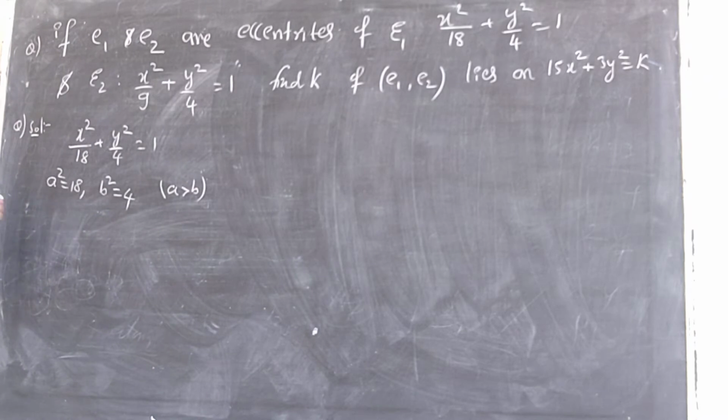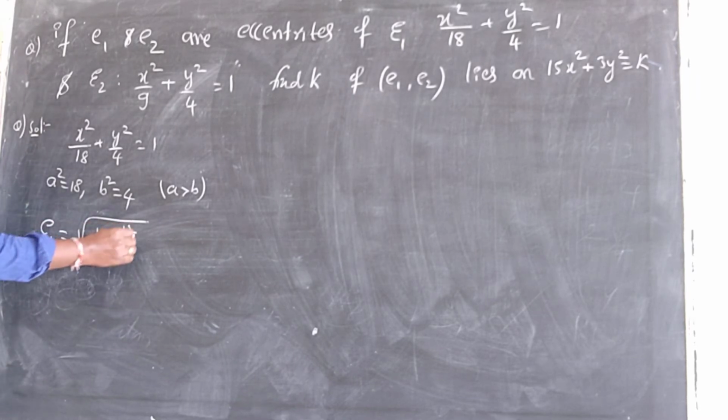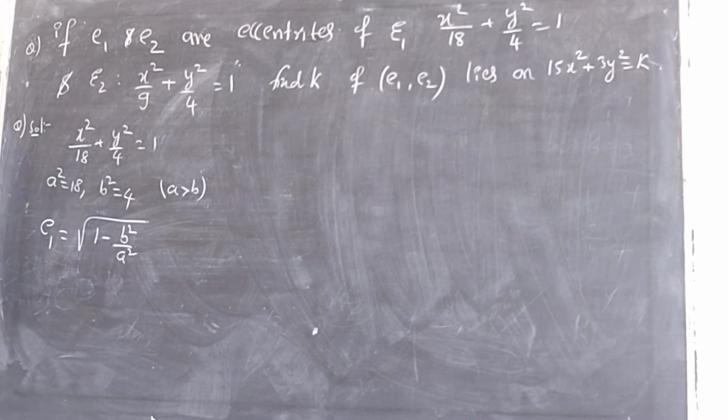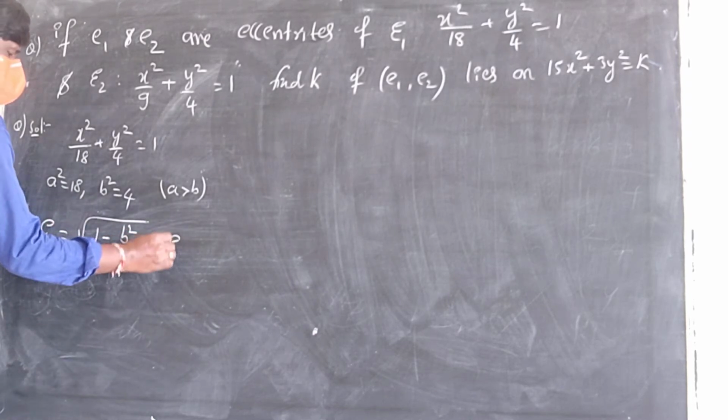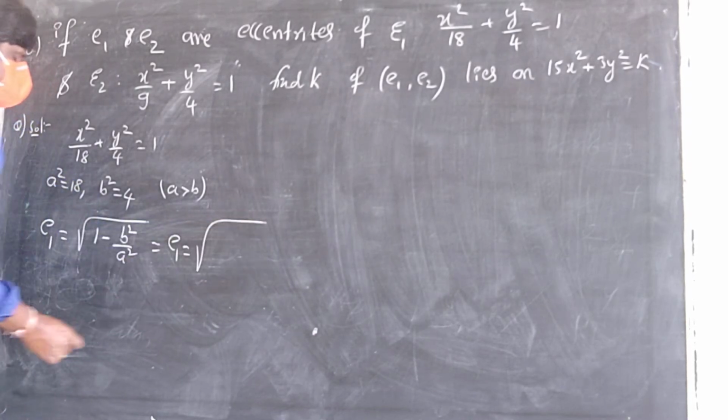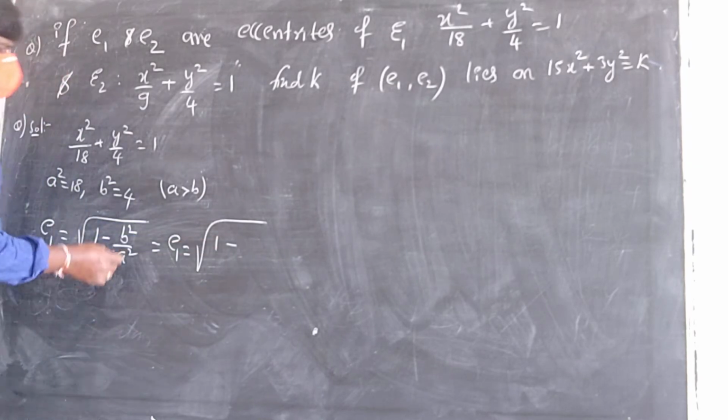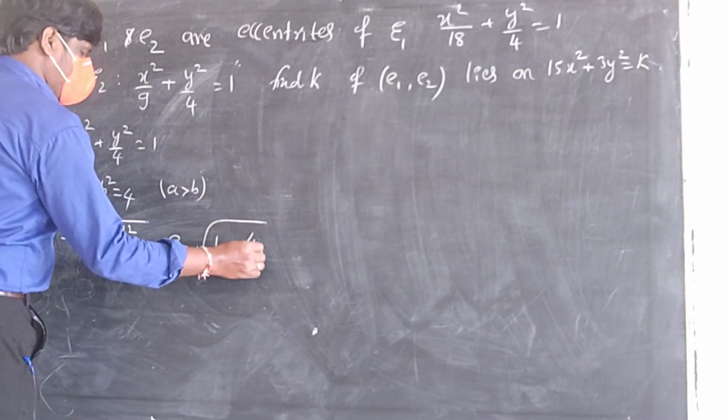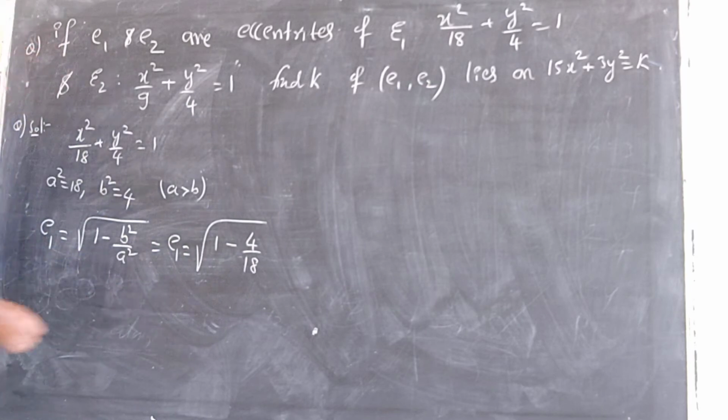The eccentricity formula is what? Eccentricity 1 is equal to under root of 1 minus smaller by bigger, b square by a square. So eccentricity 1 is equal to under root of 1 minus b square, which is 4 divided by 18.